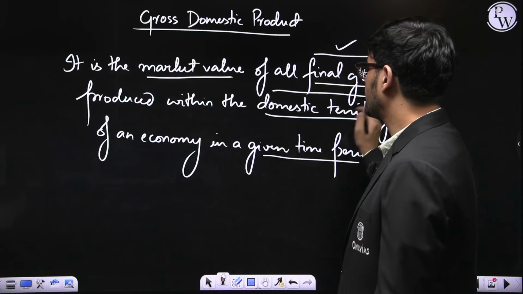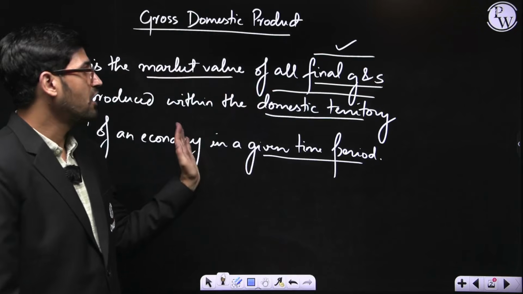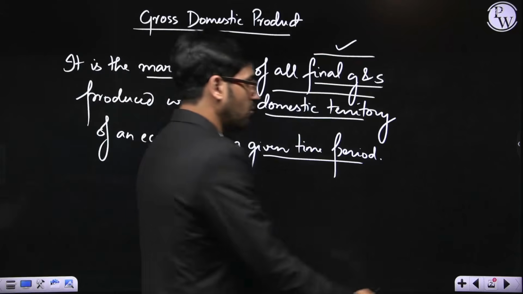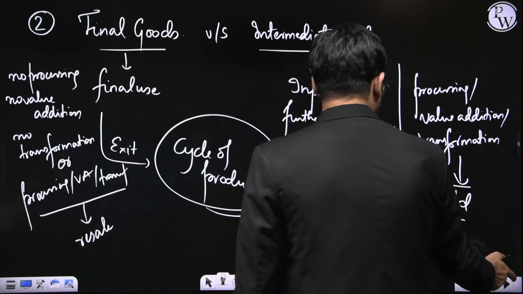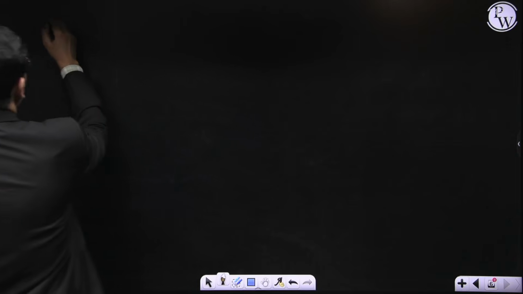The next term here is all such final goods and services which are produced within the domestic territory of an economy. Now, what is the implication of this term, which is domestic territory of an economy?